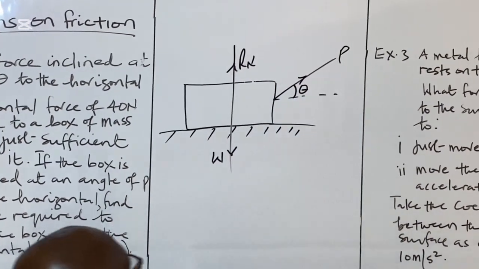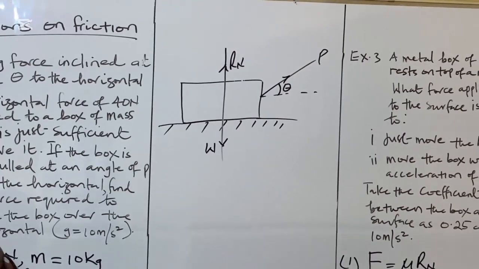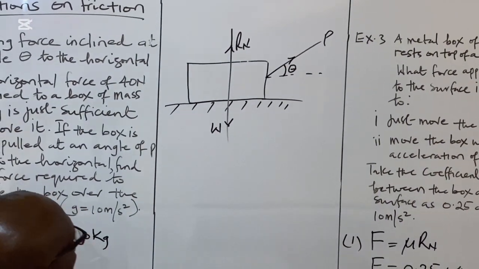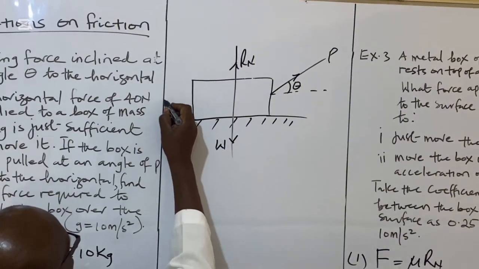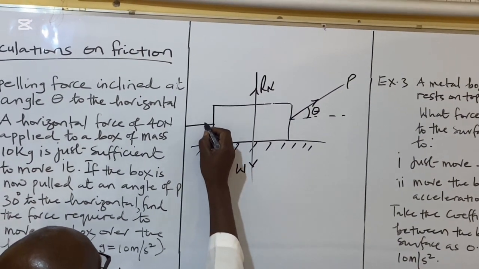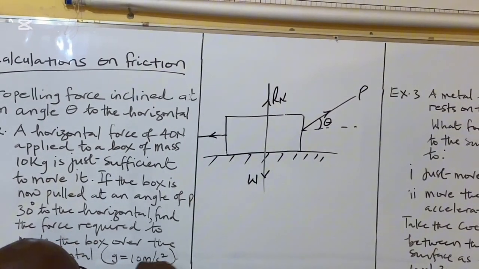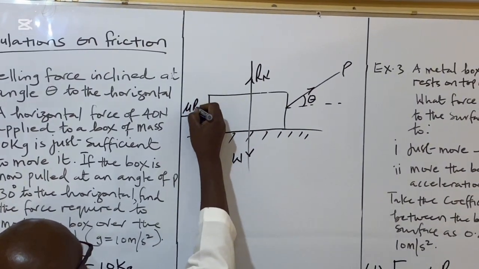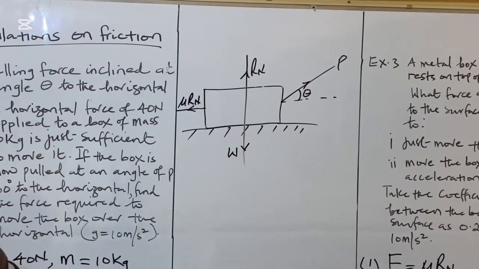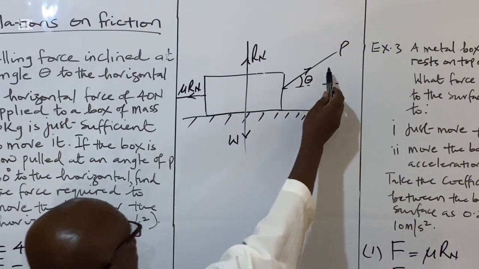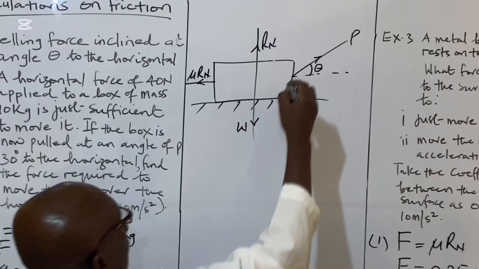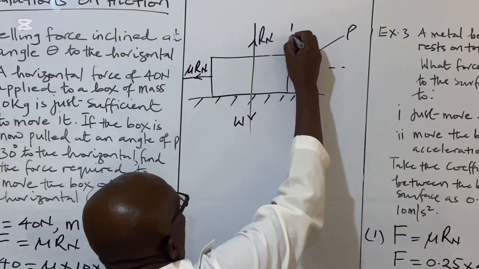Now if this body is moving towards the right, the force of friction will act towards the left in opposition. Now that force will be mu Rn.